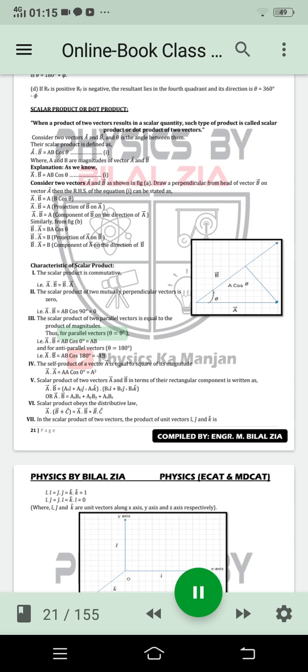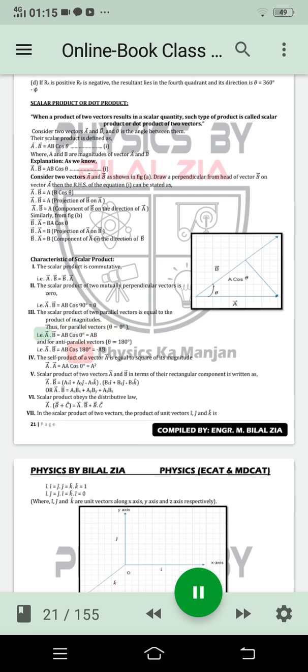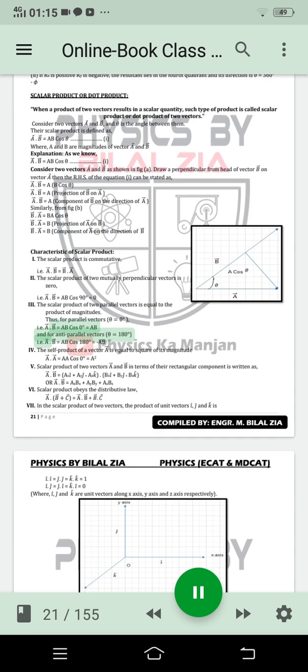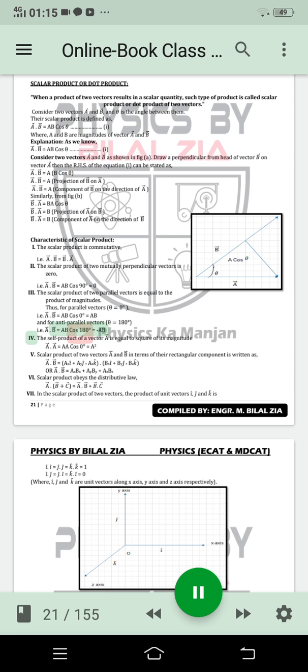Thus, for parallel vectors, theta equals 0 degrees, i.e. A dot B equals AB cos 0 degrees equals AB, and for anti-parallel vectors, theta equals 180 degrees, i.e. A dot B equals AB cos 180 degrees equals minus AB.